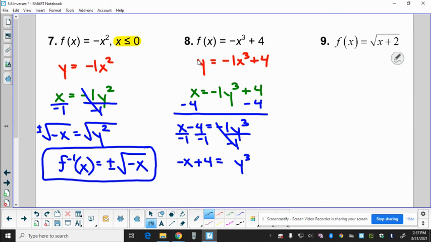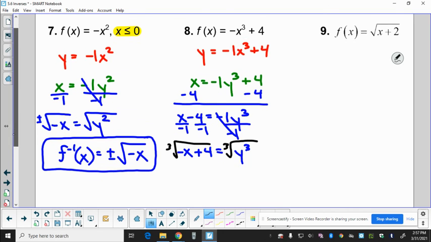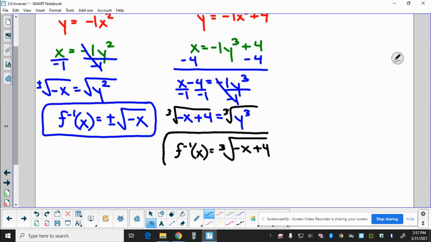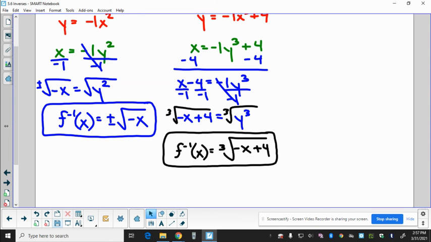Looks like we're going to need a cubed root. Okay, final answer to this. The inverse is the cubed root of negative x plus 4. Cubed roots, we're not worried about the domain being restricted. So that looks just fine.